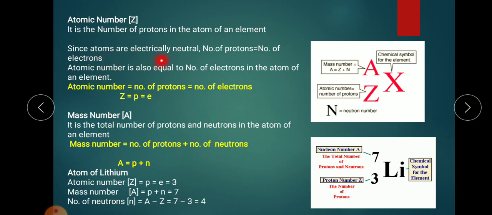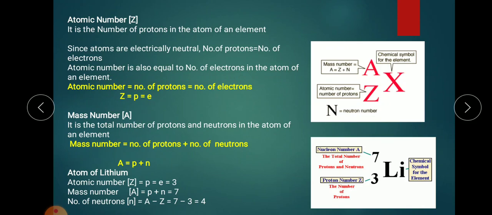Since atoms are electrically neutral, the number of protons and the number of electrons are equal. So we know that an atom is electrically neutral, that means the positive charge will be equal to the negative charge. Protons are positively charged and electrons are negatively charged, so they are equal to maintain electrical neutrality. Atomic number is also equal to the number of electrons in an atom of an element.